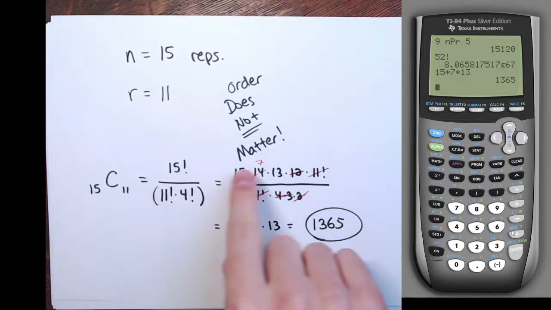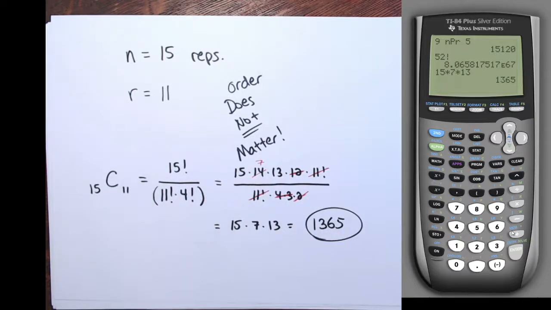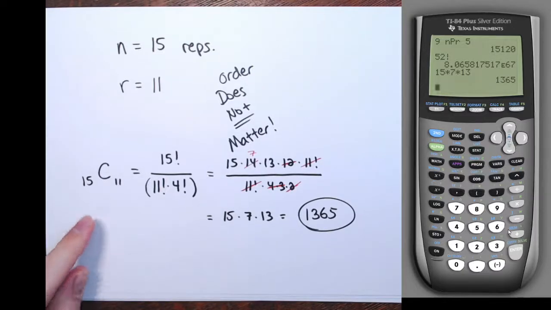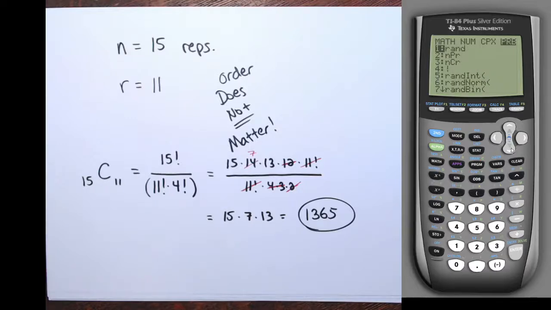Now, you might say, I don't feel like doing all that with the simplifying and whatnot. So again, you can do this on the calculator as well. There was an NPR on the calculator. There's also an NCR. Now again, I have one of those where you have to enter the N first. So I'll enter 15. Got 15 objects. And hit the math button. Go over to the prob.